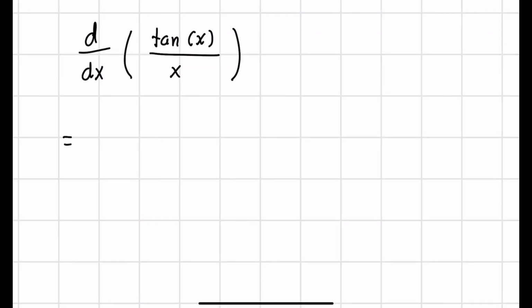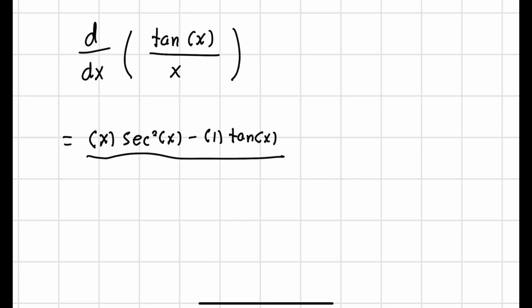In our next example, we have tan x over x. So now we would have to apply the quotient rule. So remember, the quotient rule is x times the derivative of tan x, which is secant x squared, minus the derivative of x, which is 1, times tan x, over x squared.